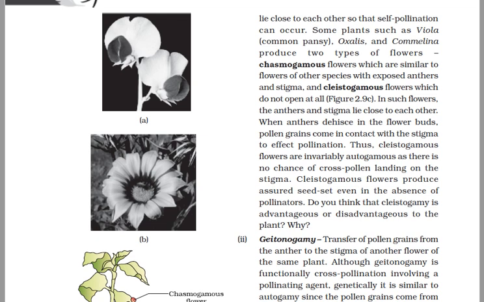Their stigma is feathery so that airborne pollen grains are easily trapped. Examples: maize, date palm, coconut, cannabis. Cannabis is also termed bhang.